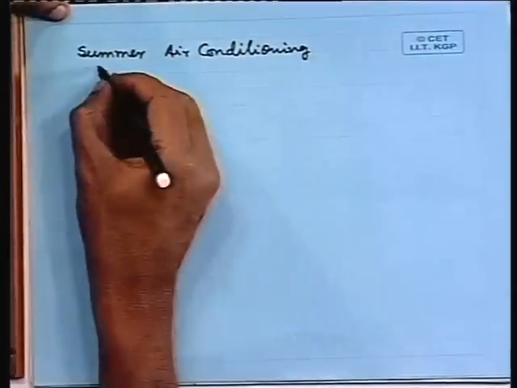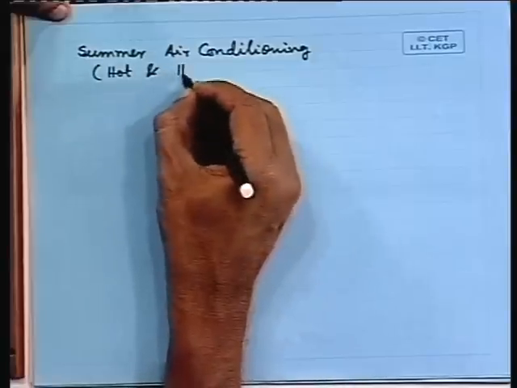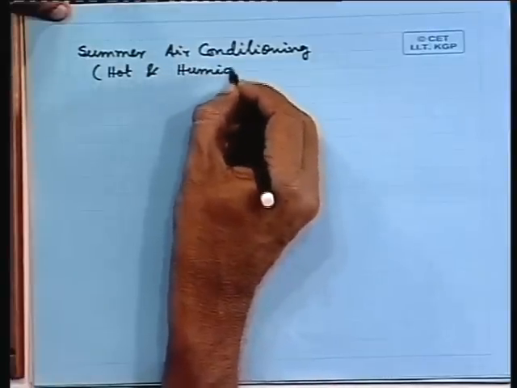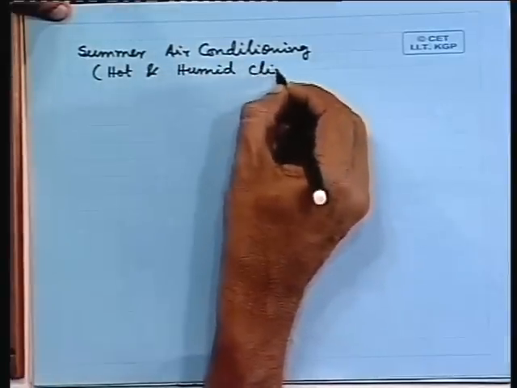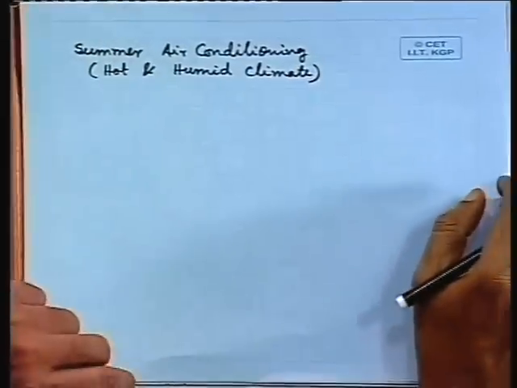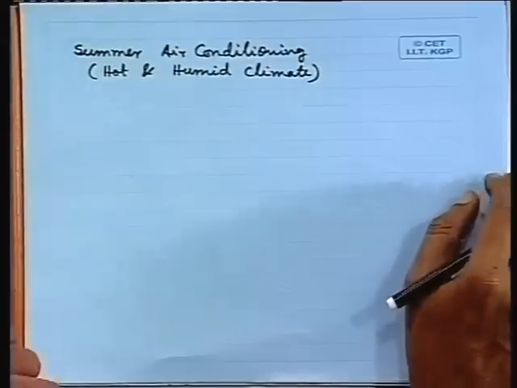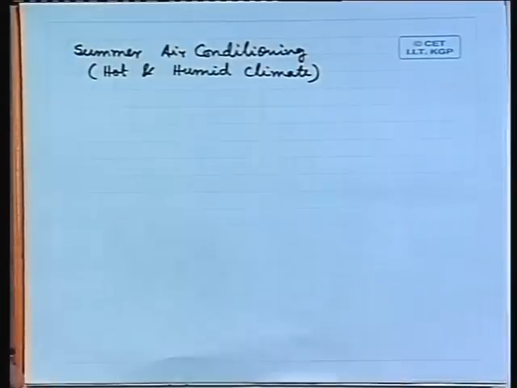Summer air conditioning, particularly for hot and humid climate, which is the situation in a large number of places in India. So, we will have a cooling coil through which we will have evaporating refrigerant.